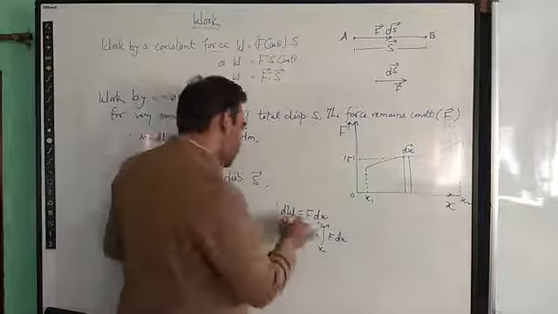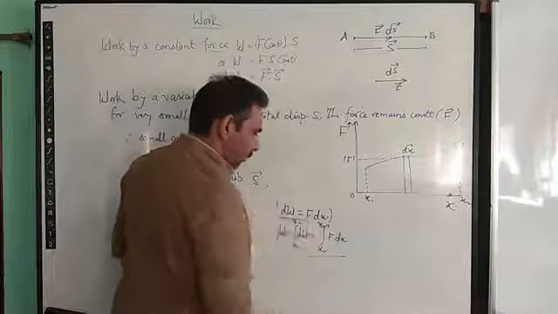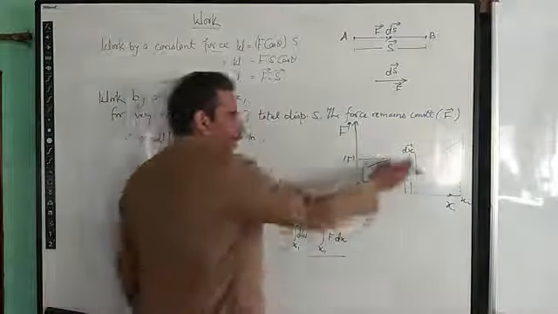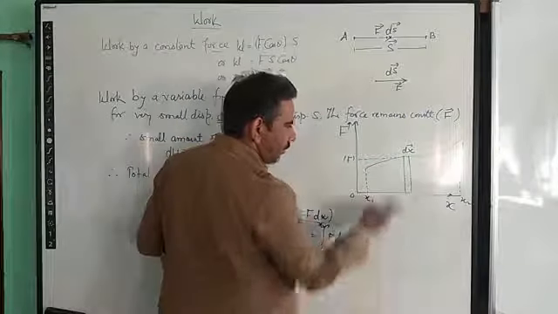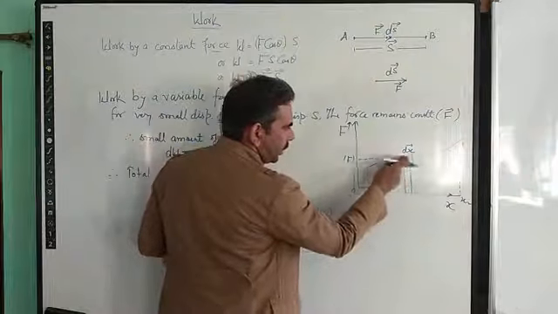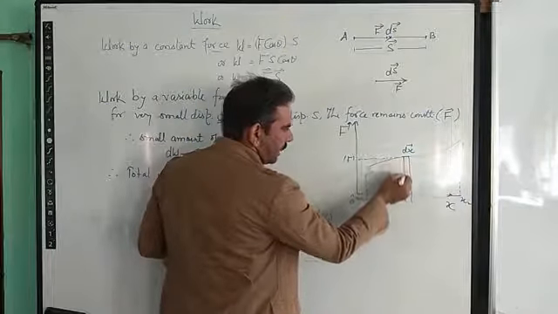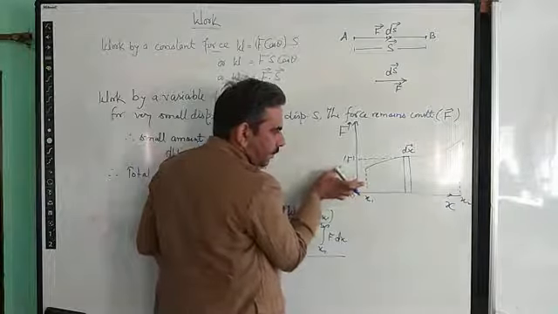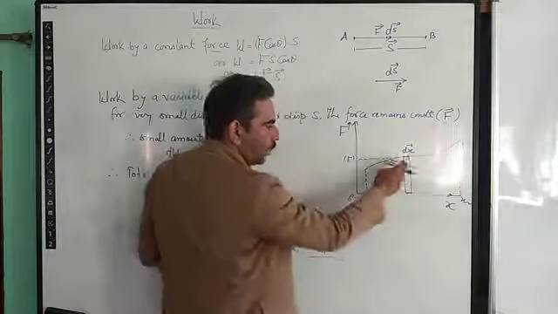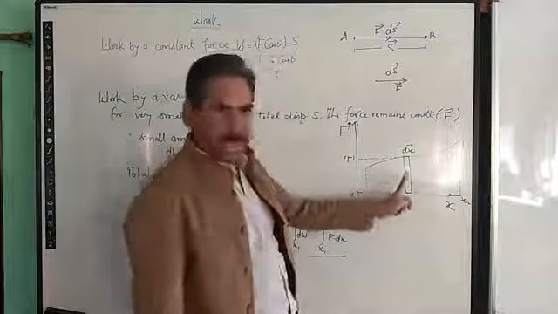Let us try to observe this carefully first. For this small displacement, we are drawing two perpendiculars on the displacement axis. So this side is nothing but F, and this side is nothing but dx. This shape is more or less nothing but a rectangle.